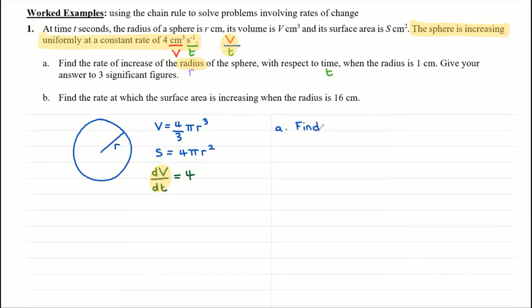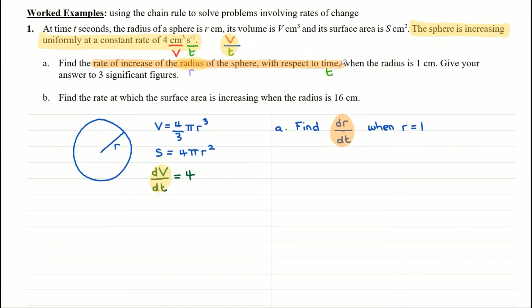It's the rate of increase of the radius with respect to time. So that's dr by dt when r is equal to 1. And again, all that information I've deduced from all of this. I hope that makes sense.